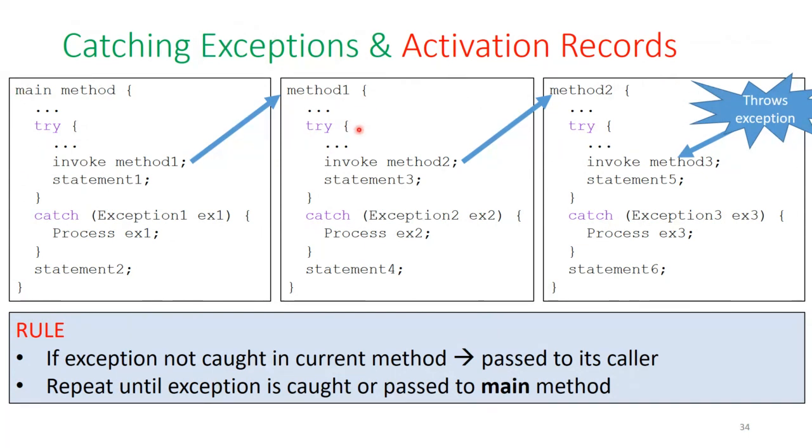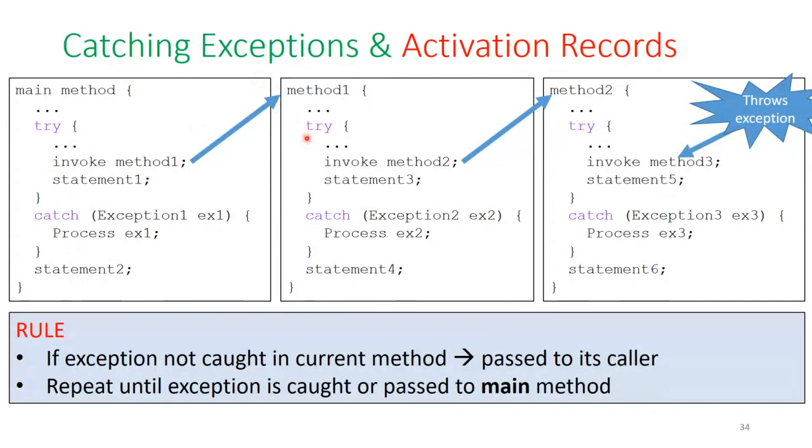Then we start a try-catch block. Some work is being done here, and then we invoke method 2. Method 2, same thing: some work, try, some work, invoke method 3. That's just to give us a template, and we could fill in the blanks with whatever code we want.